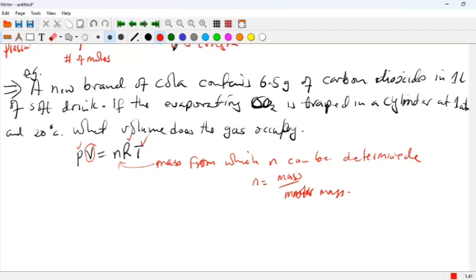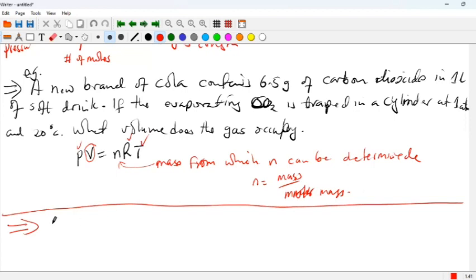And now I just want us to look at one more concept, which is the kinetic theory of gases.